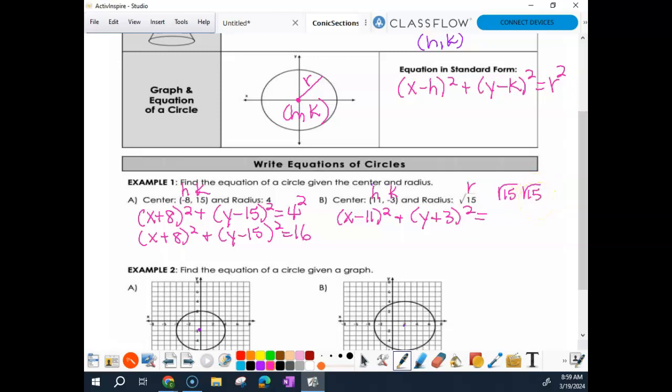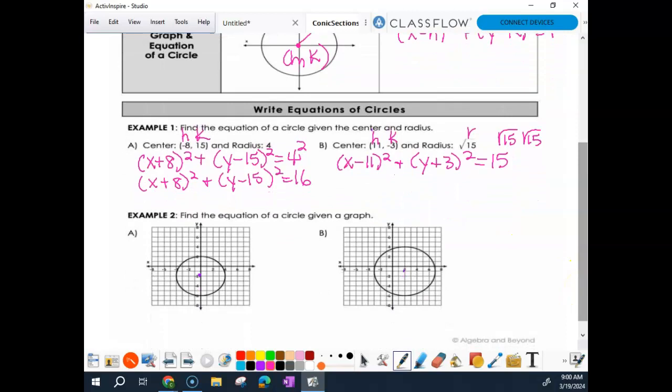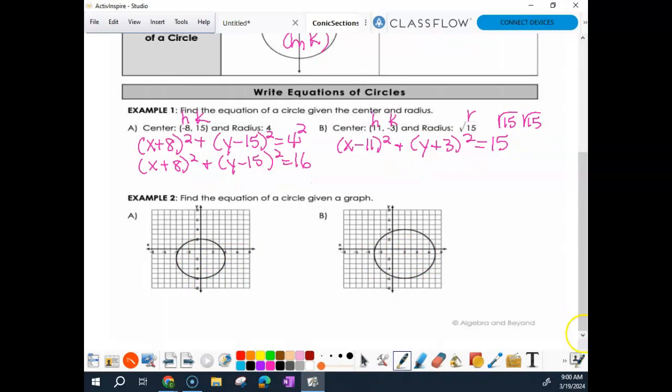What is the square root of 15 times the square root of 15? If the square root of 3 times the square root of 3 is 3, the square root of 15 times the square root of 15 is 15.